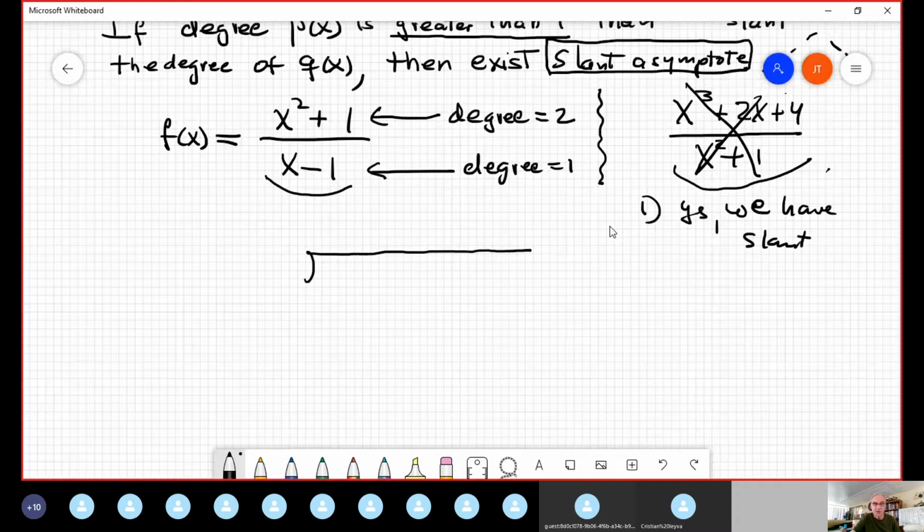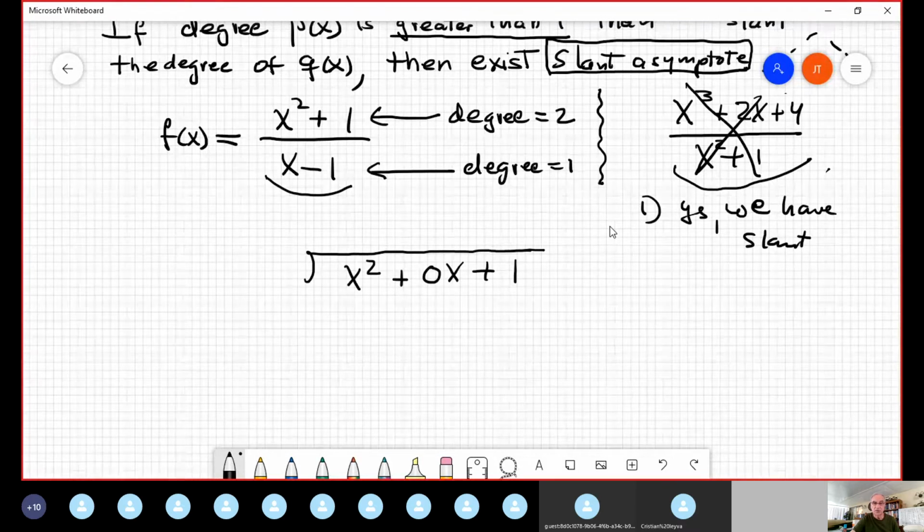Now I copy the dividend, x squared, 1. But when a term is missing, you put a zero in the format of the division, in order to keep the organization by column. Be careful of this. The divisor is x minus 1.